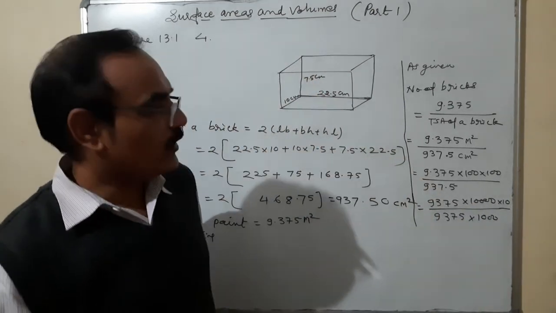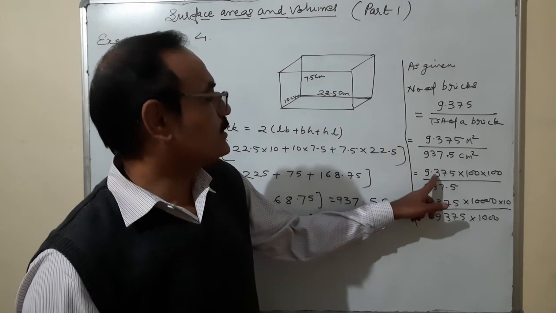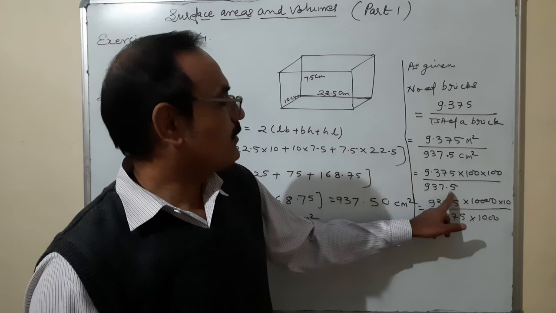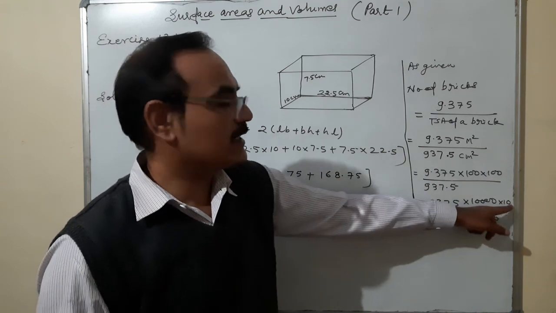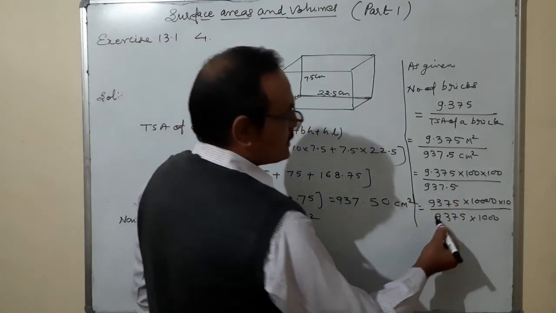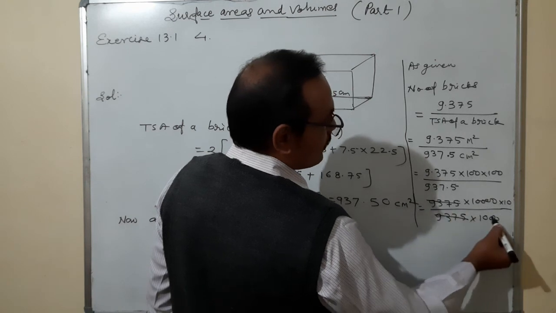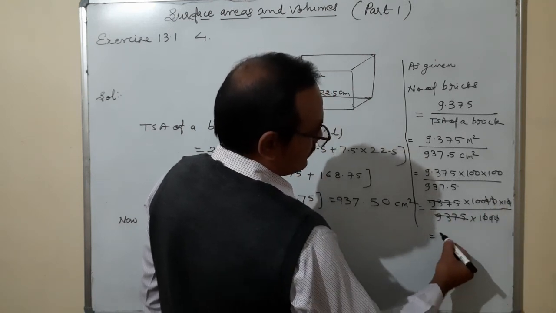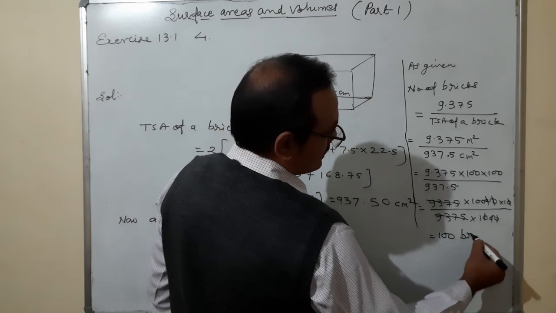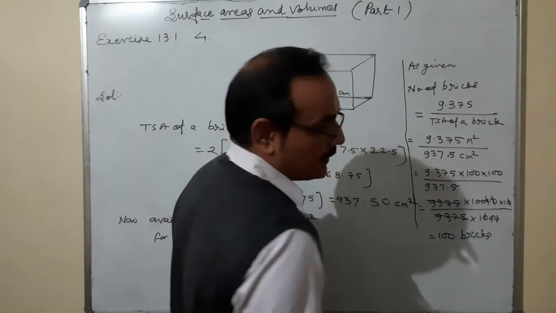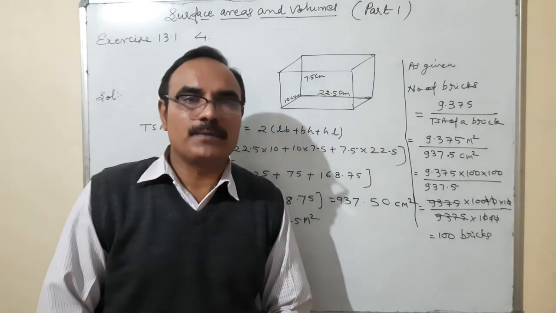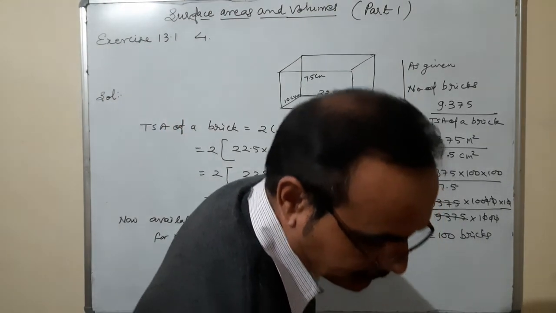What I have done is, when you remove this decimal, after the decimal there are 3 numbers, so 1000. After the decimal there is 1 number, so 10. 9375 cancels, 1 2 3, 1 2 3. What is left? 100. So 100 bricks will be painted. How many bricks will be painted? So the total number of bricks painted is 100.